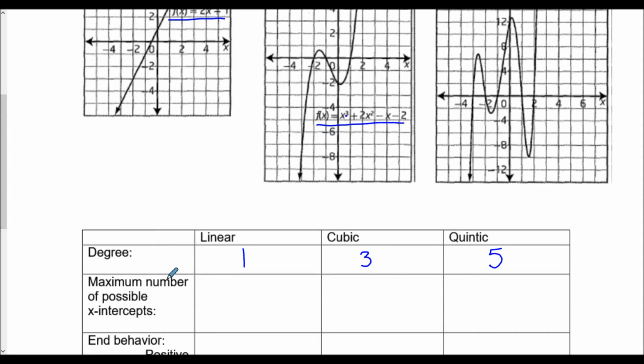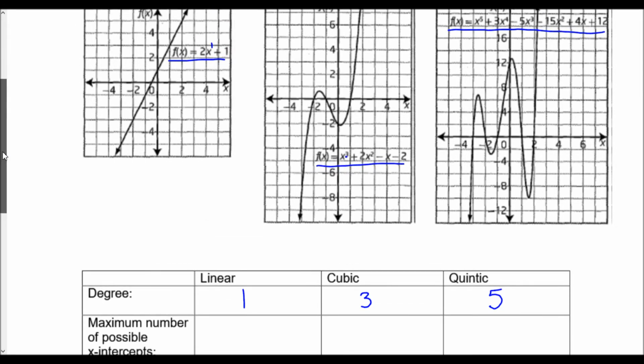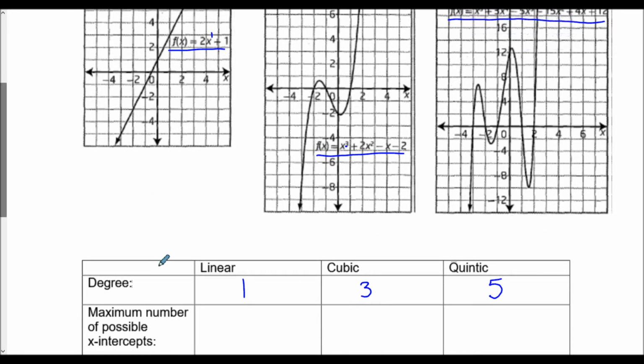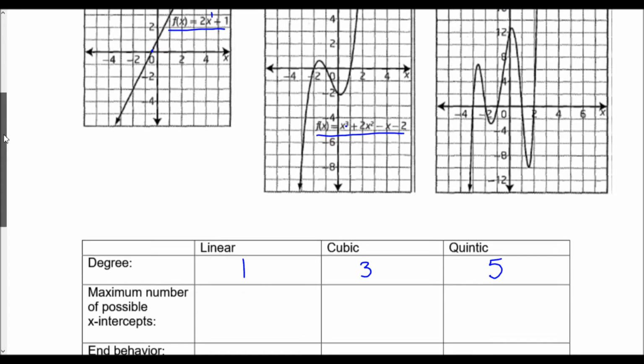Now I have set up these specific graphs to help illustrate another point. They do not always have to look specifically like this. This is just one way that these look. So with a linear function, the maximum number of x-intercepts that this linear function can have is 1.